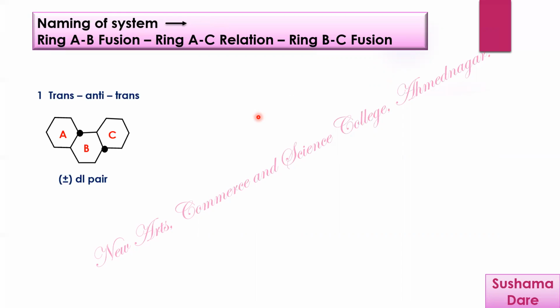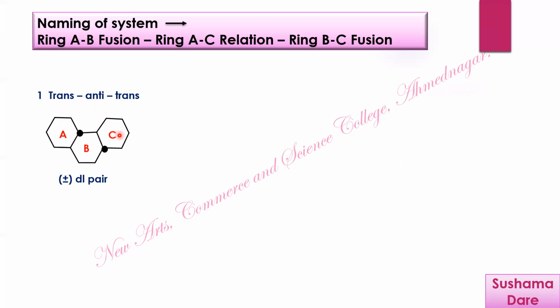Here the AB relation: you can see there is the presence of a dot here and no dot here. Dot means the hydrogen is beta here, that is facing in the upper direction. No dot means it is going in a downward direction. In other words, the stereochemistry at these two fusion points is opposite, so it is named trans.